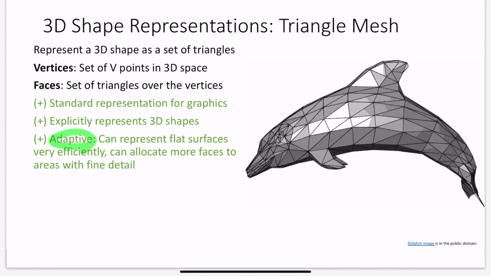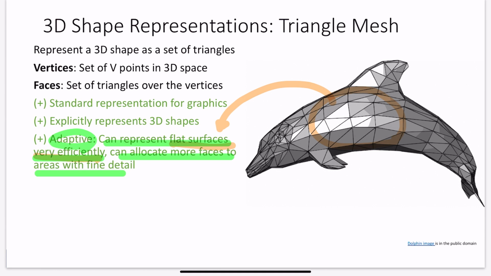And it is adaptive. It can represent the flat surface very efficiently, and can allocate more faces to areas with fine detail. For example, in a homogeneous area, we can represent a flat surface very efficiently by enlarging the size of the triangle.